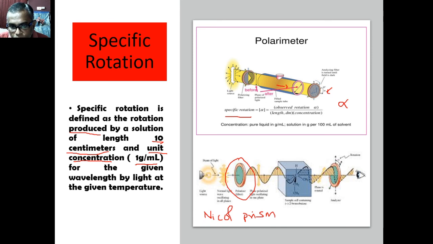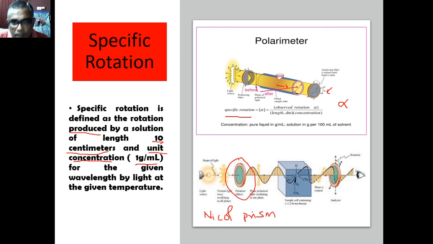When this plane polarized light passes through the sample compartment that contains an optically active compound, molecular interaction takes place, and polarization between the light and the molecule occurs, which results in birefringence, circular birefringence and circular dichroism.